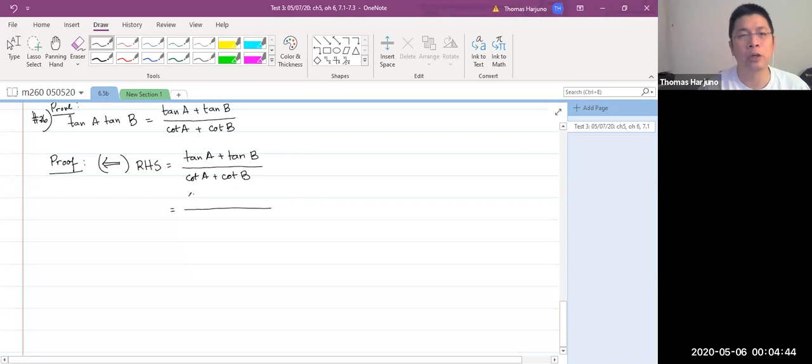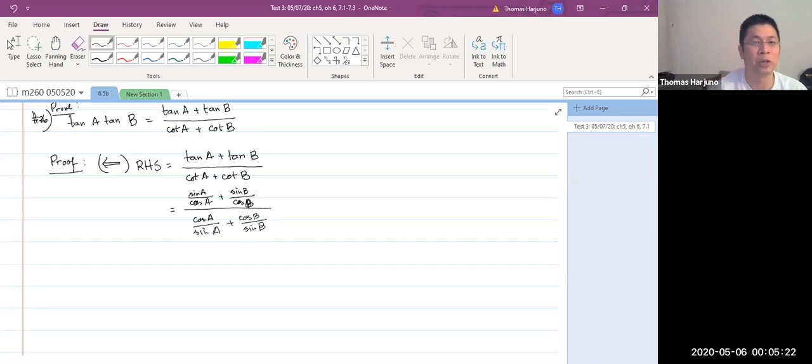Okay, so let me do the sine cosine style first. This is cosine A over sine A plus cosine B over sine B. How would you like to proceed from here?